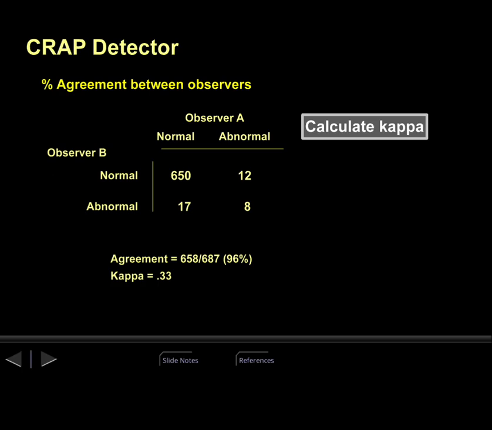There are two common flaws in judging agreement. One is using the statistic percent agreement, and the second is using the statistic correlation coefficient. Both are misleading. The proper statistical test is kappa and can be calculated by clicking on the button.